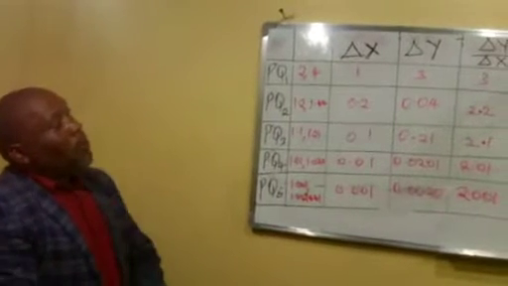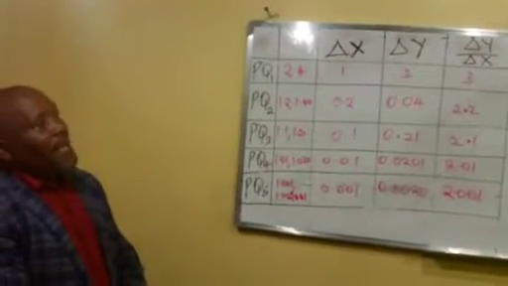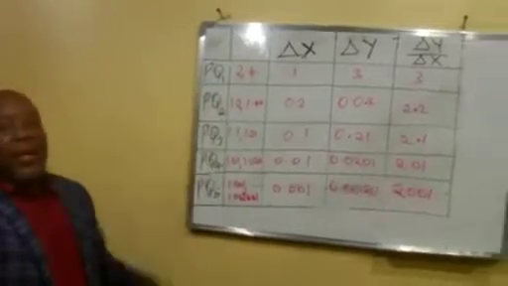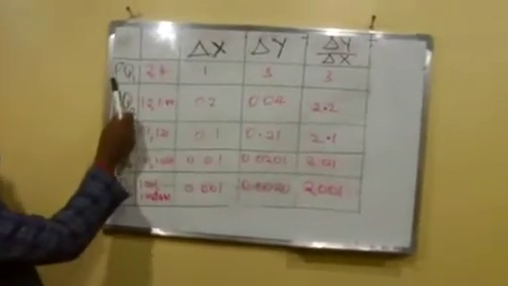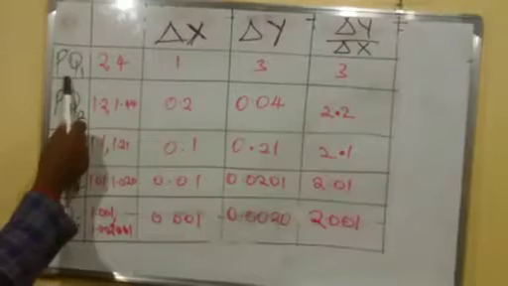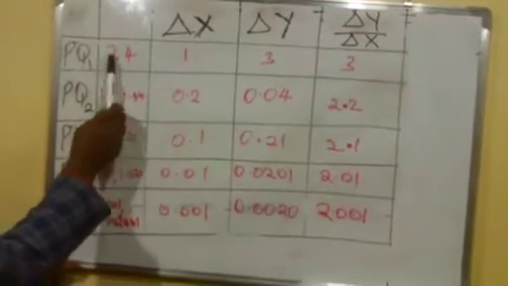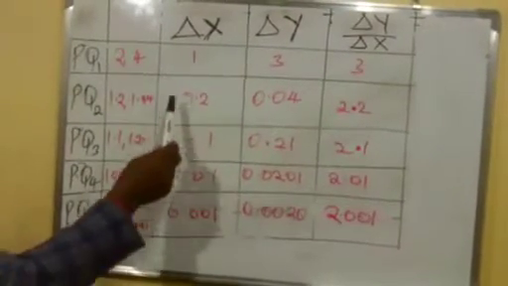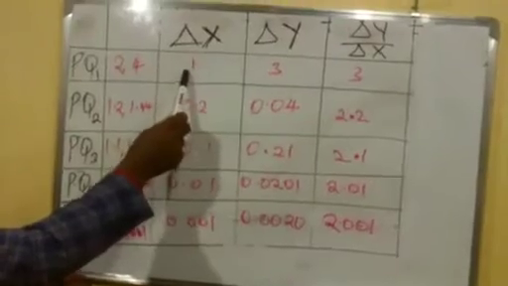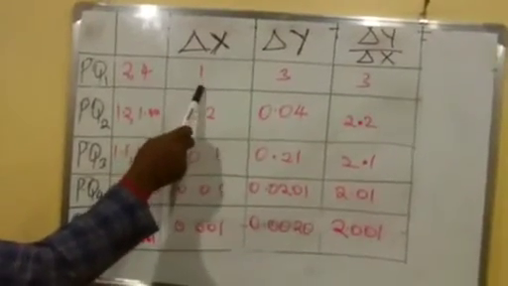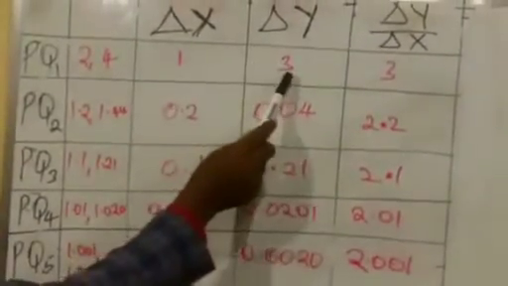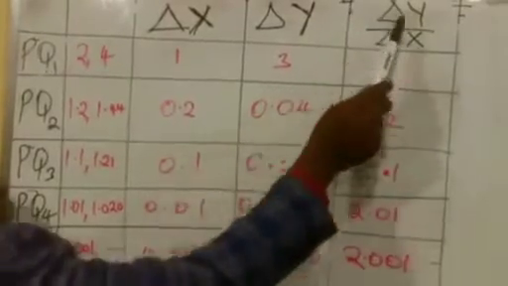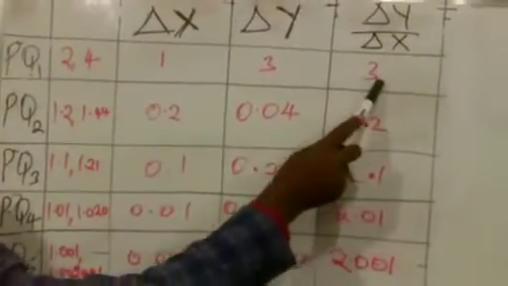As we introduce a new point, P, Q1, this point will be 2, 4. Then the change in x will be 1, and the change in y will be 3. So change in y over change in x will be 3.